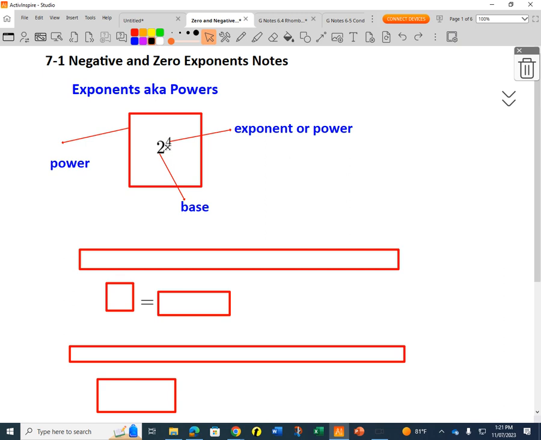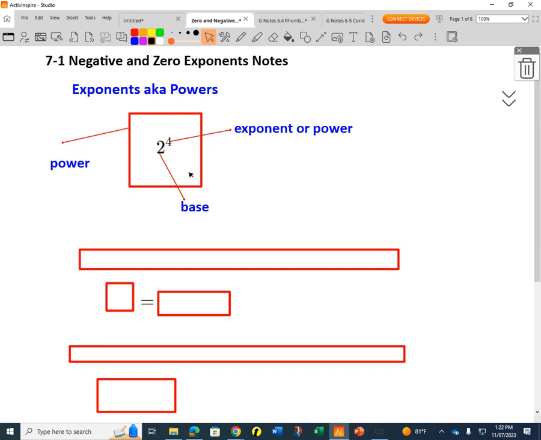Now I'm using constants, or numbers, here, but you can also use variables for the base. You can actually use variables for the powers, but we're not going to do that right now. Right now, we will have problems that have variables in the base, but not variables as an exponent or power up here yet.